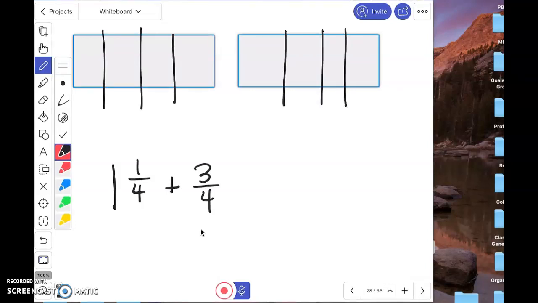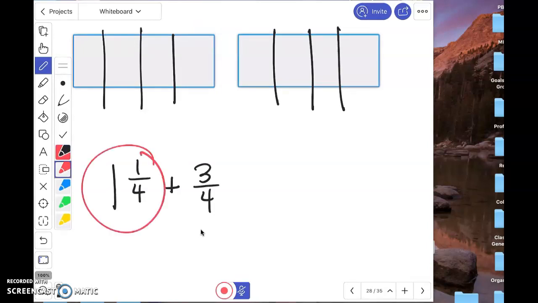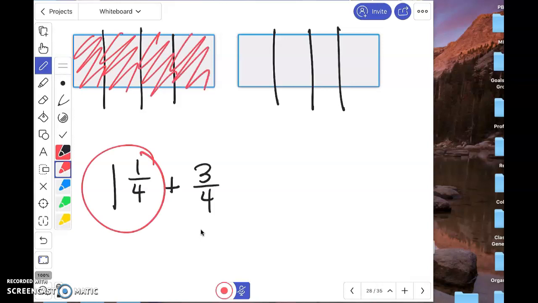Okay, so first I have 1 and 1/4. So this is 1 whole and 1/4. That represents my 1 and my 1/4.